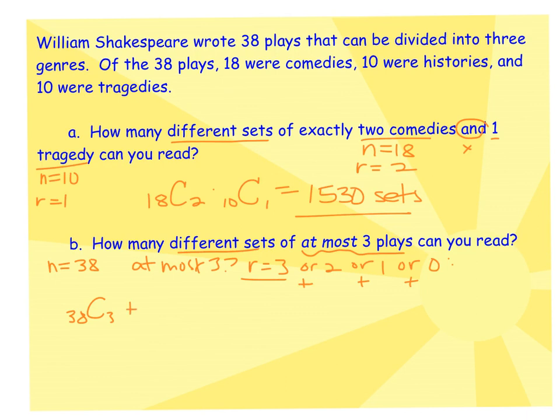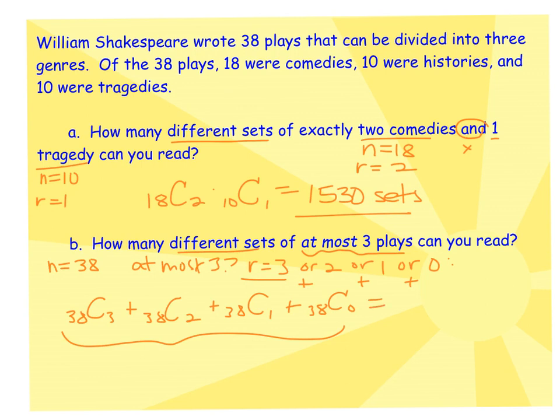And then I'm going to add to that, what if I only read 2? What are all the ways we could select that option? Add again, all the ways we could read just 1. And believe it or not, there is a way that you could actually read no plays at all. It's just one way. You're not reading any of them at all. That means we're going to plug in all of this at once to our calculator.